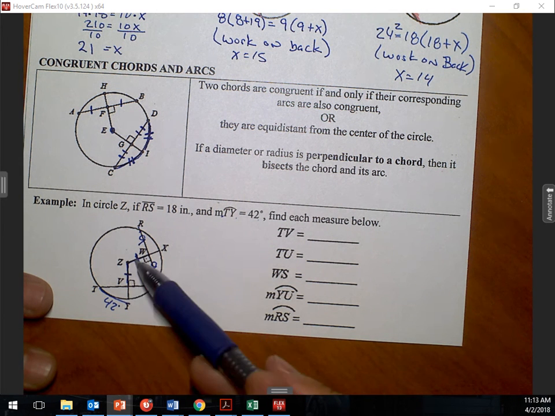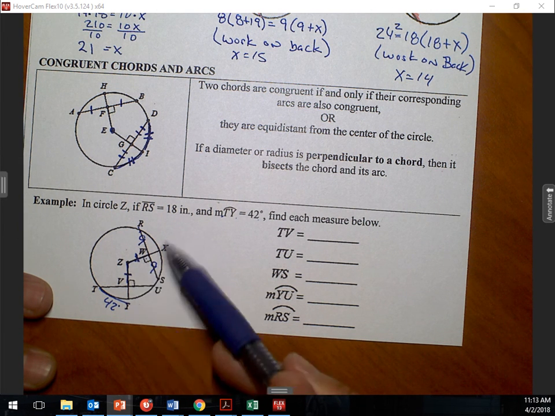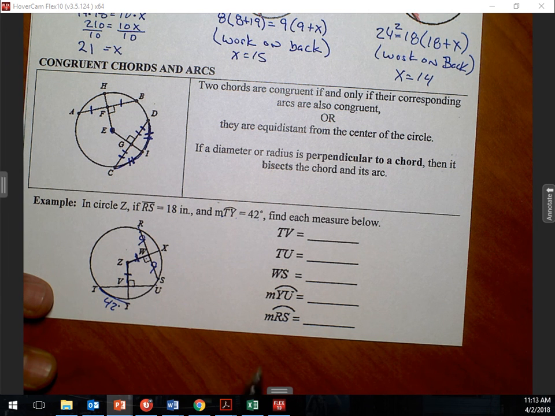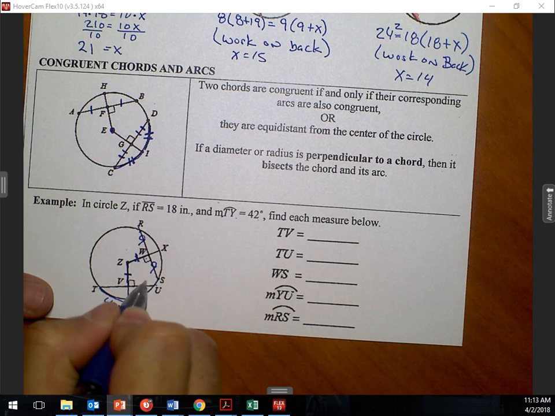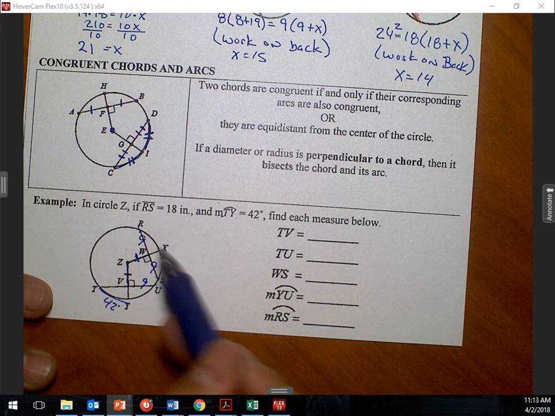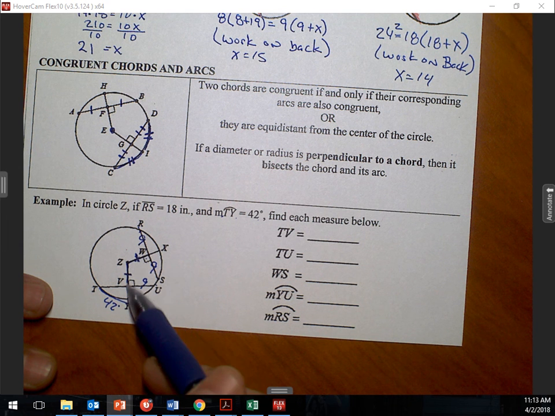And because this piece is congruent to this piece, these two are going to be the same. So what is VU? It's going to be 9 because it's the same as this one up here. They're congruent, so from here to here it's going to be touching the same spot.